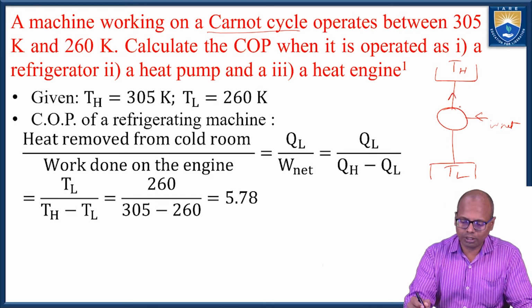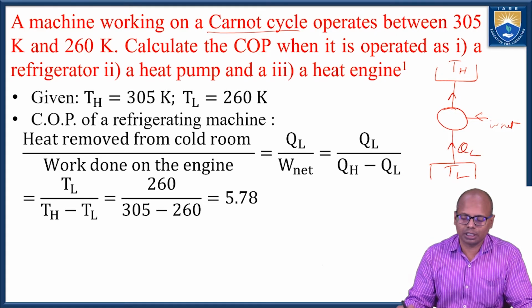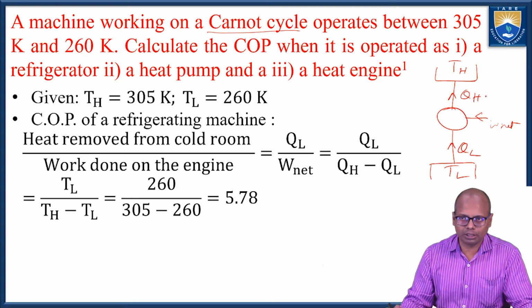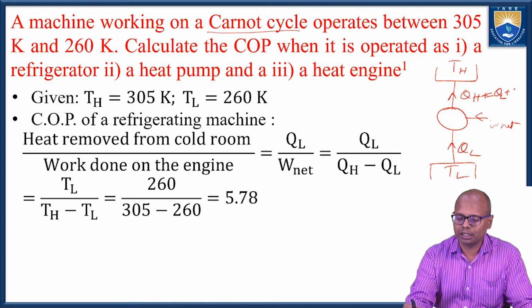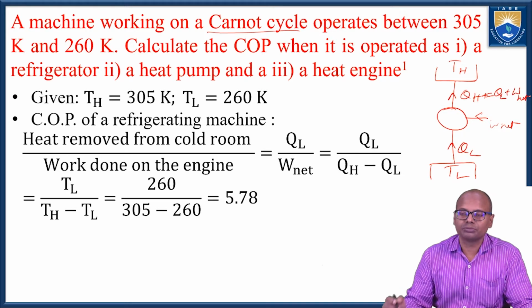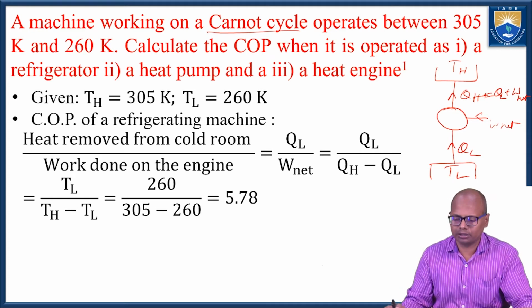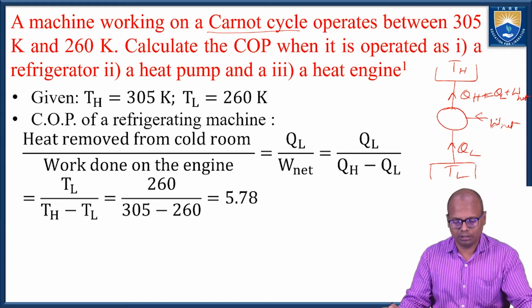It will take some heat from the lower temperature reservoir and give heat to the higher temperature reservoir, and this heat is QL plus W net. Okay, QH is equal to QL plus W net. This is the net work that is supplied to the engine.